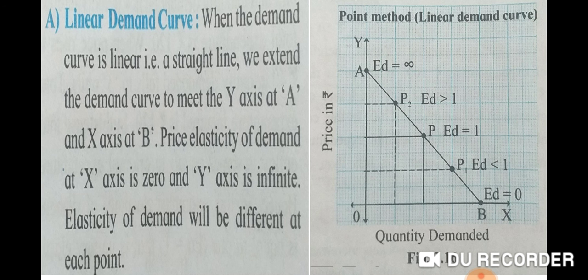Third, at point P2, the point elasticity is P2B divided by P2A. P2B is the lower segment and P2A is the upper segment, so 6 divided by 2, the answer is 3.